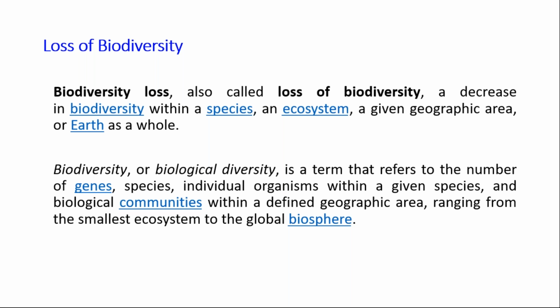In the same way, you can understand this for different animals, trees, species, etc. This is nothing but biodiversity loss for that particular species or ecosystem in that particular area, or maybe on earth as a whole. So we have to understand this loss of biodiversity.